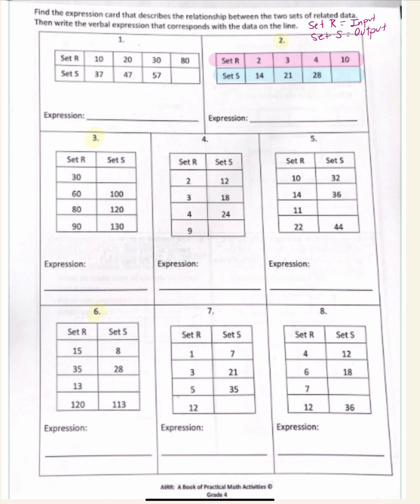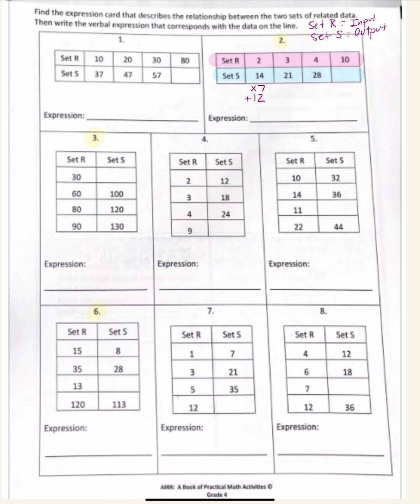Well, I have 2 options. I know 2 times 7 is 14, and I also know that 2 plus 12 is 14. So it got bigger from set R to set S. So I know if it got bigger, I'm either adding or I'm multiplying.